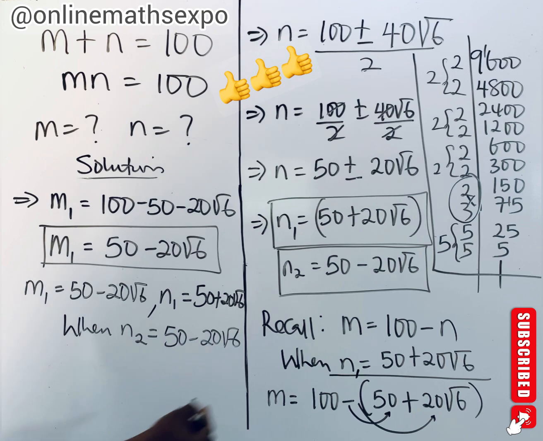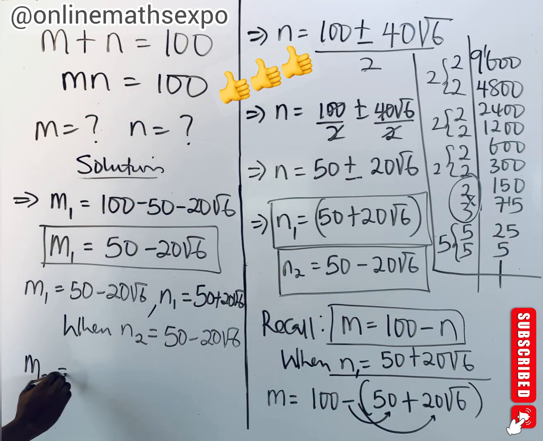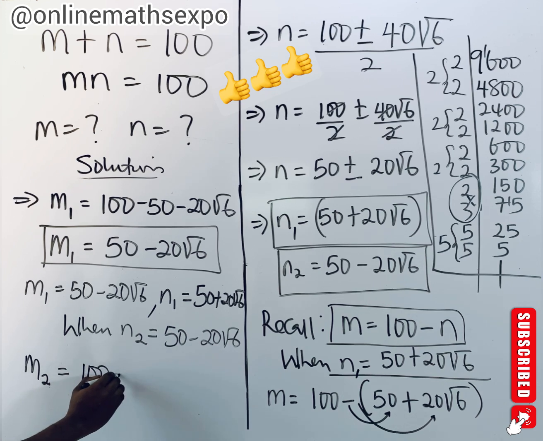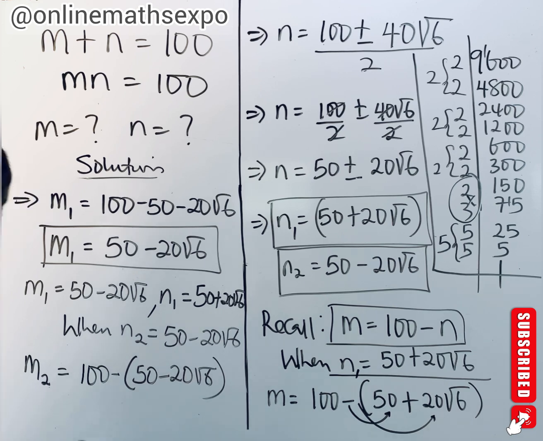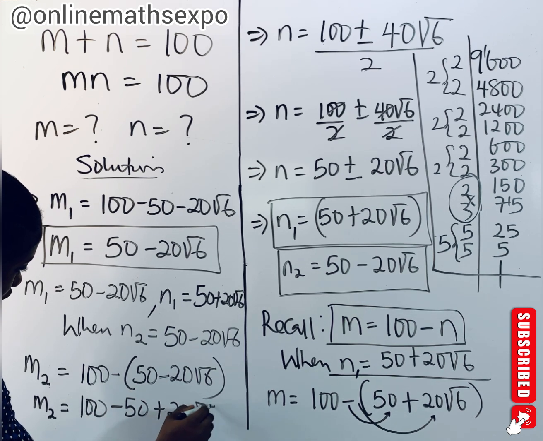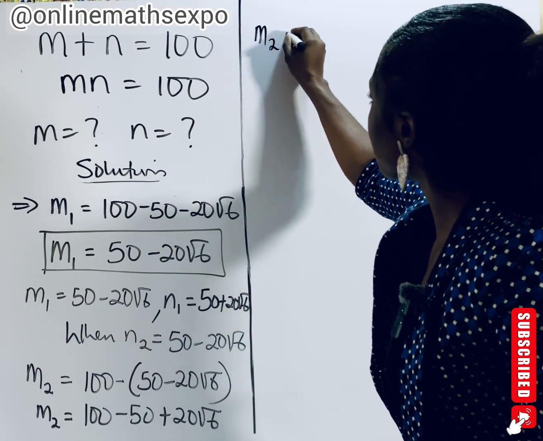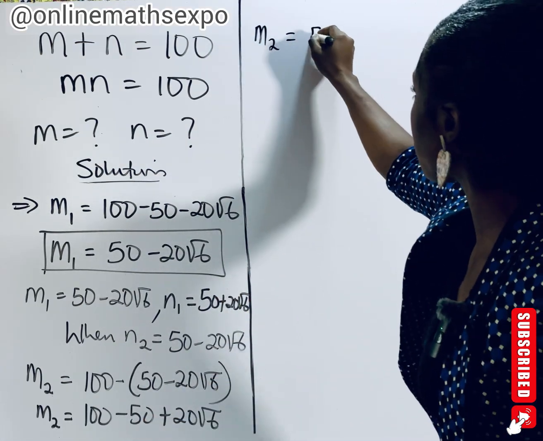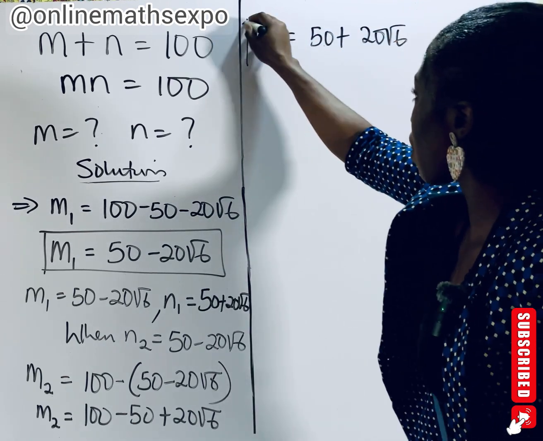Put it back here, so m2 will be 100 minus 50 minus 20 root 6. If you simplify, m2 will now be 100 minus 50, this minus affects this, so we have positive 20 root 6. So this gives us 50 plus 20 root 6. So this is our m2.